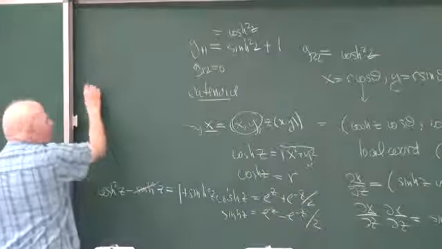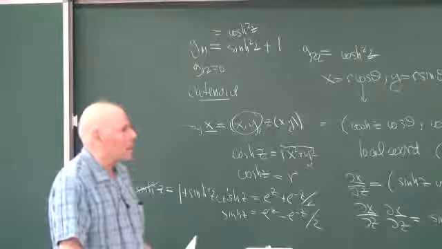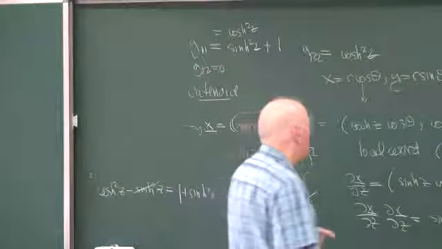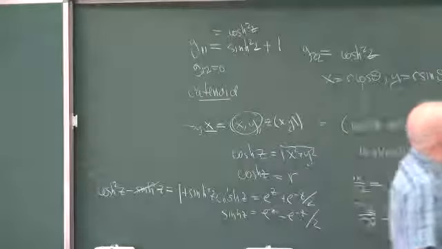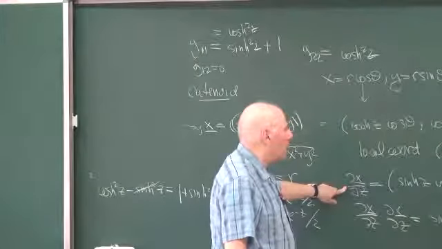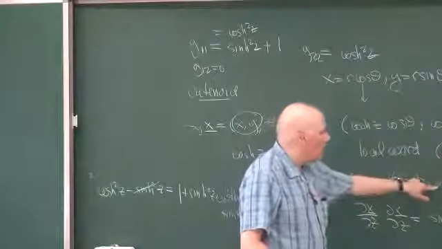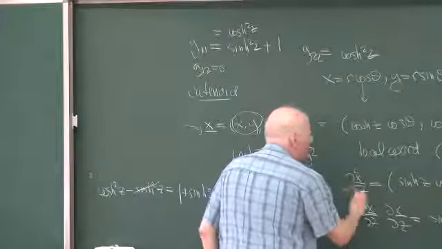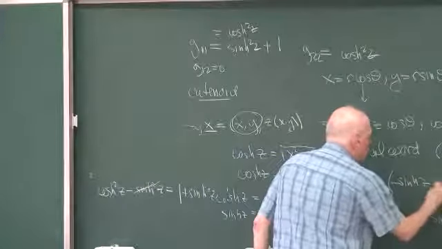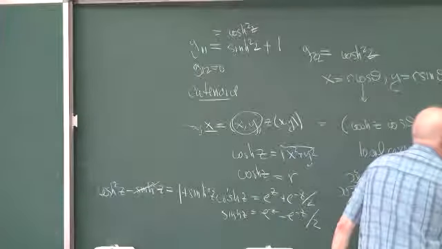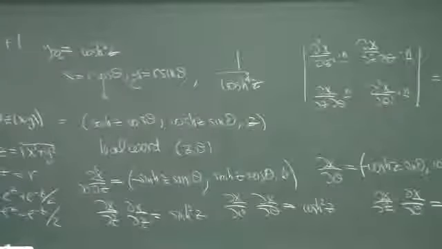So what's x12 dotted with n? I think that's 0. x12 is take the partial with respect to z, which we did. Then if I take the partial with respect to theta, I get minus sine theta. Let me just do this one. So I get minus sine theta, and this one becomes cosine theta. This one becomes 0.